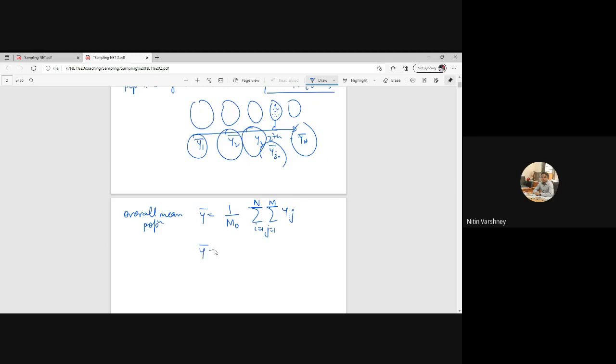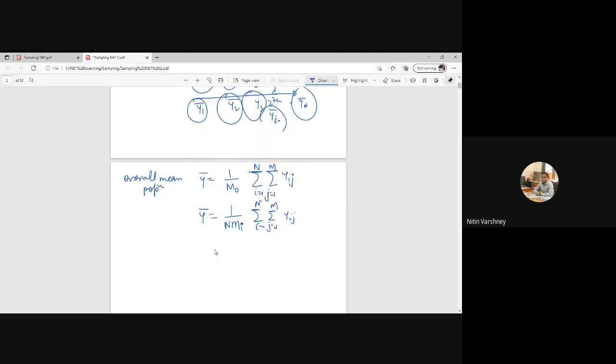I can write this also as 1/N into mi, summation i equal to 1 to N, j equal to 1 to m yij. So this will be the population mean, and I can remove this m.